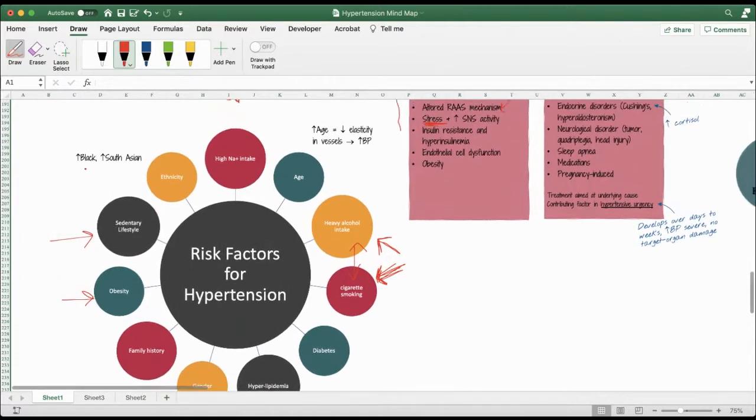Ethnicity, so people of Black or South Asian heritage are much more likely to have an increase in blood pressure, like an idiopathic hypertension, and of course a high sodium intake, because we know that water follows sodium, right? So if we have a lot of sodium, then we're going to have a lot of reuptake of fluids or water into our system as well.